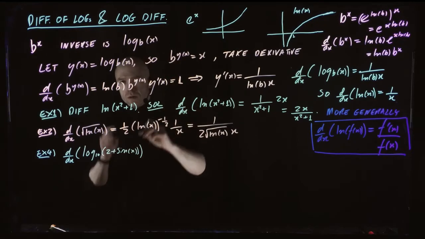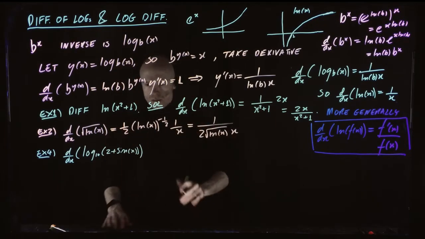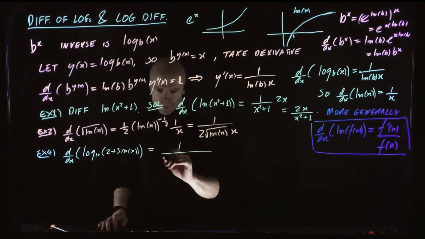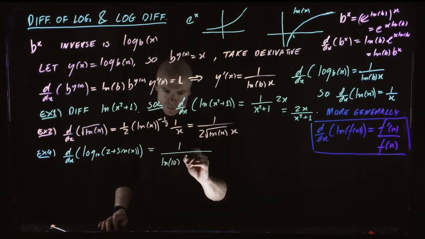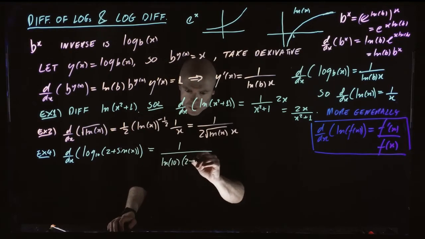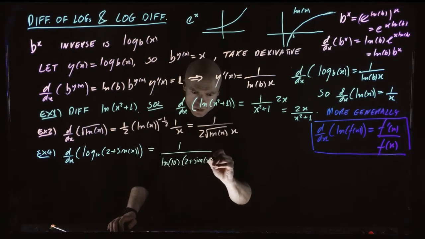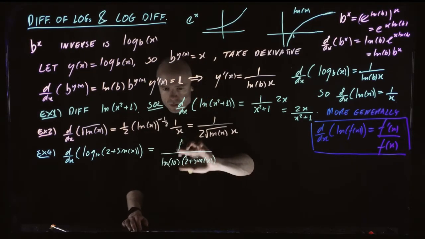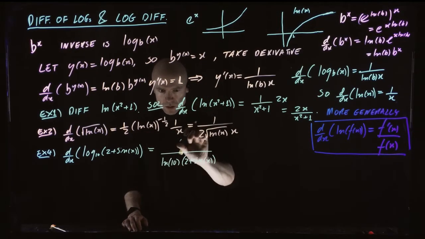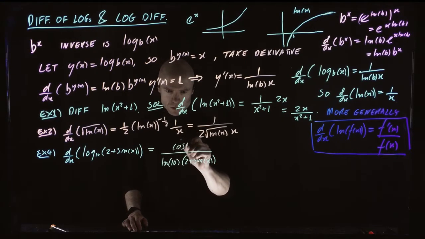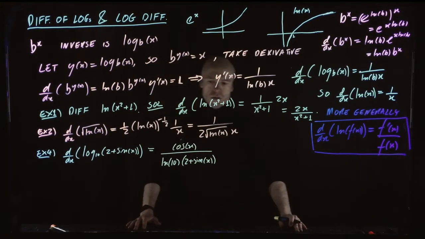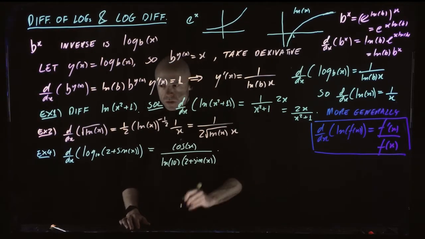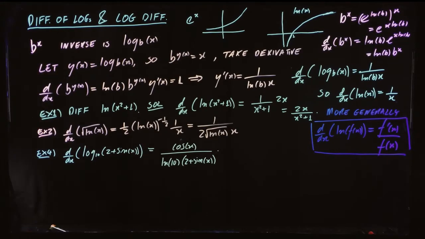The derivative is 1 over natural log of 10 times x. We apply that to the inner function. So we're going to have 1 over natural log of 10 times 2 plus sine of x. And then we differentiate the inner function, and we're just going to get cosine of x, so let's just put it right here. Cool. And that's it. All right. Let's do another.